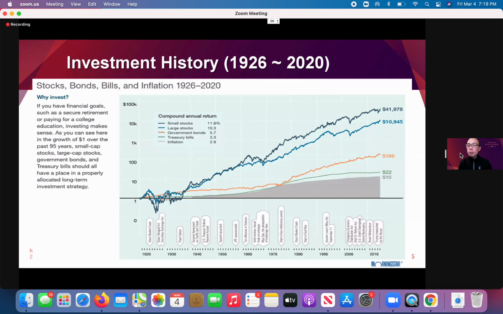And I will ask them, I say, hey, this is American history over the past 90 years, 94 years, right? Do you agree with this, that it's always up and down, right? The market is always up and down, but always going up. The long-term trend is going up. And I will interact with the client: do you agree with this? And usually I'll get a yes, okay?